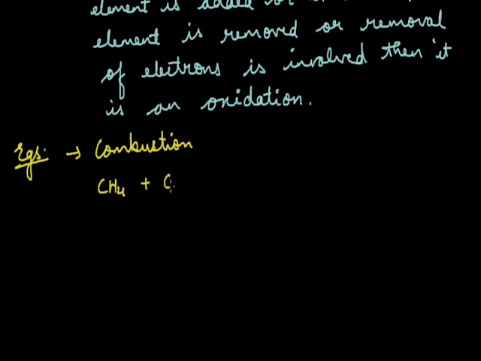CH4, that is methane, on combining with oxygen will produce carbon dioxide gas and water. So this is an oxidation reaction. Similarly, other alkanes will also combust with oxygen and form carbon dioxide and water. So all these are oxidation reactions.